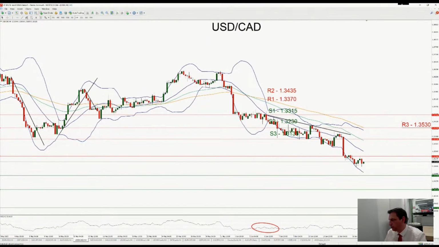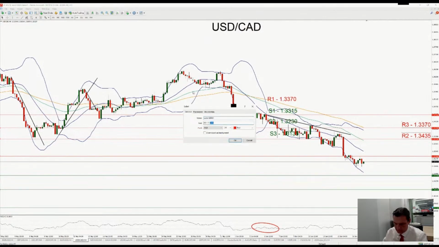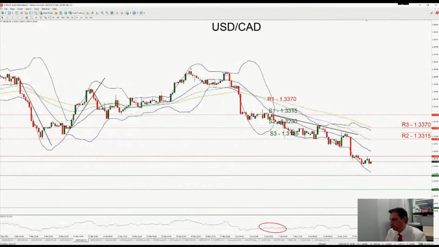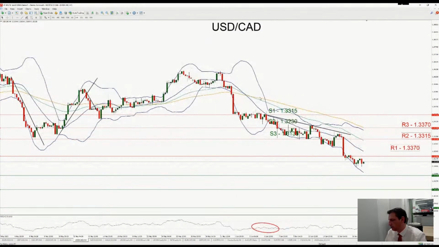So that's at 1.3370. PR2 at 1.3315. That's pretty narrow. PR1 should be at 1.3230.